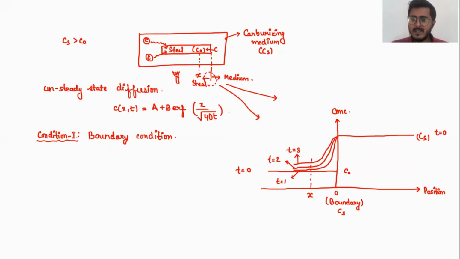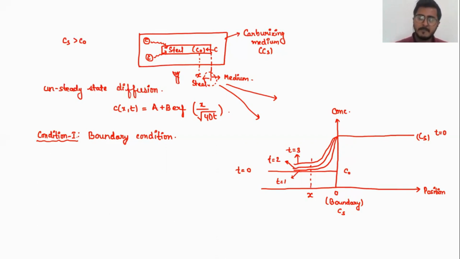Now at a particular position, as you can see, the concentration of carbon is increasing with respect to time. So I can use my Fick's second law in this condition, and I can find out the solution for the carburization technique.